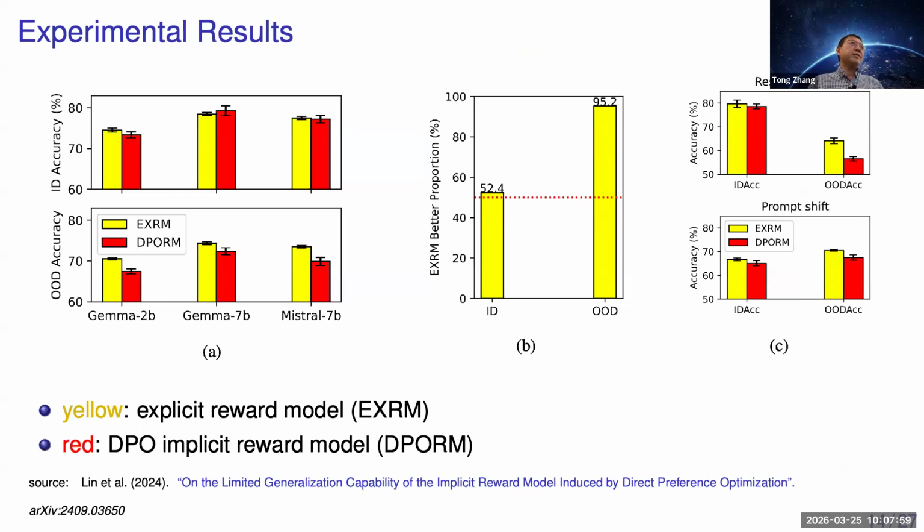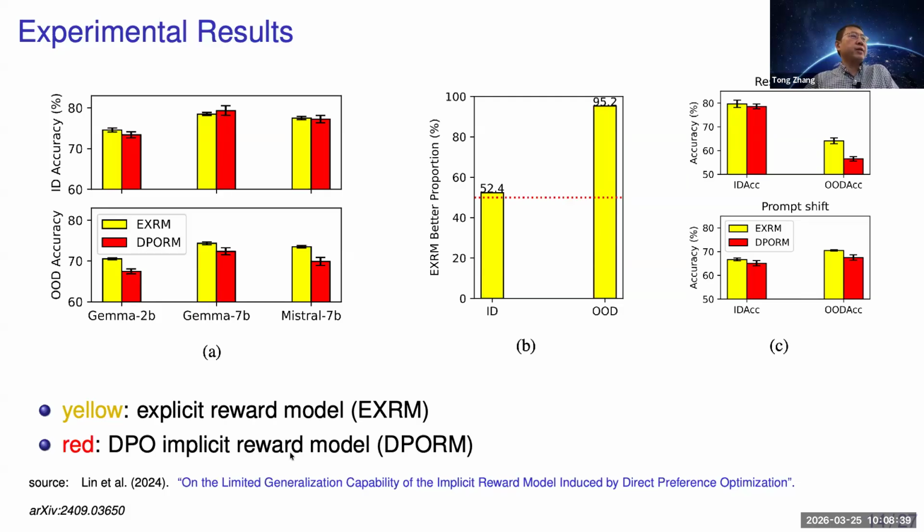And the results roughly say, if you look at the explicit reward versus implicit reward, in distribution it doesn't make too much difference. But out of distribution, you see that it actually gets more of a difference. Generally, explicit reward means you're using a smaller model to model your reward function.